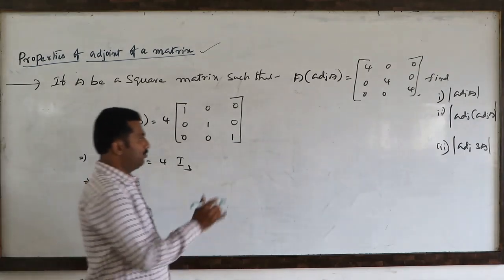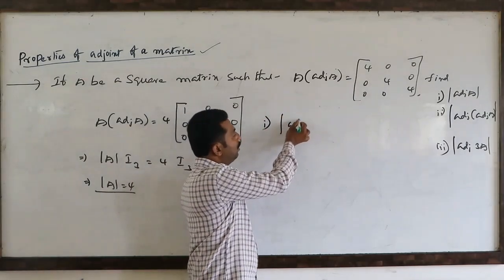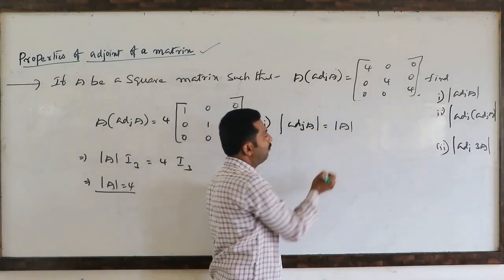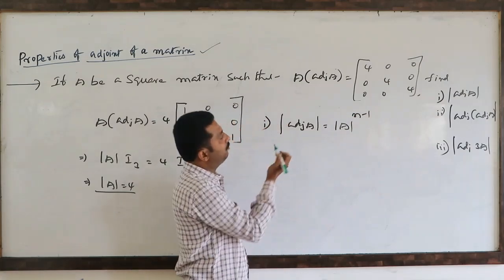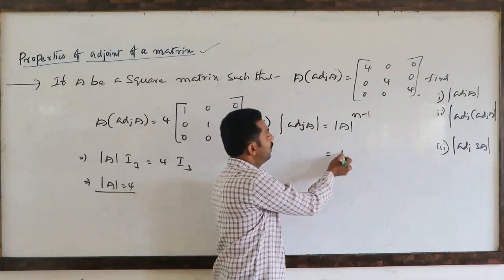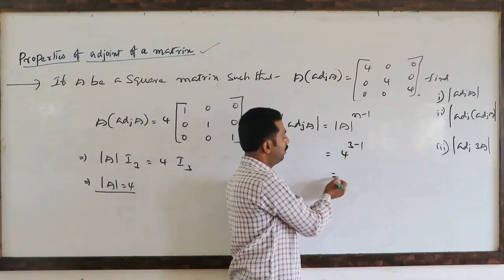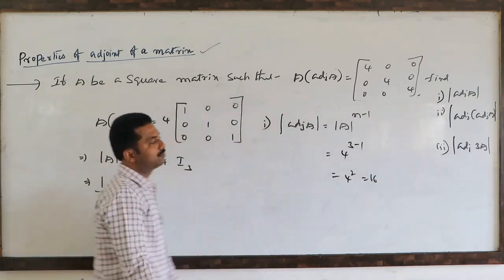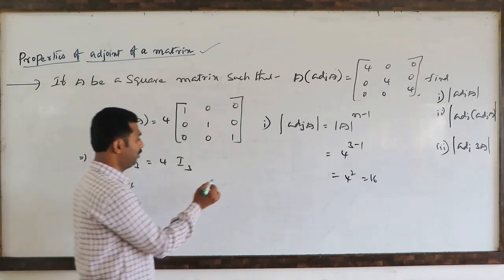Now observe the first one. They are asking determinant of adjoint of A. What is the formula? Determinant of A whole power n minus 1. Here n is 3 and determinant of A is 4, so this is 4 to the power 3 minus 1, which is 4 square, nothing but 16. So the first one is 16. Second one we will see.